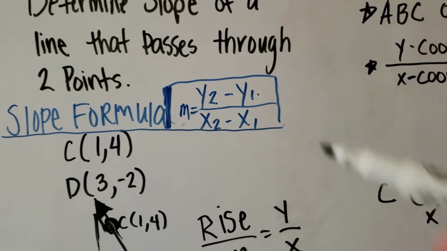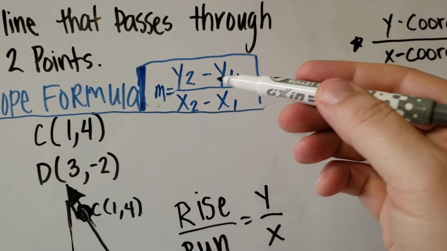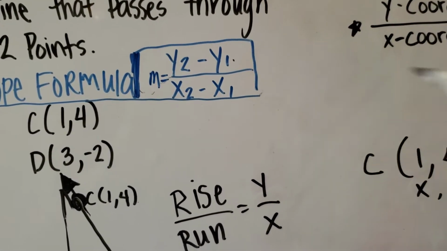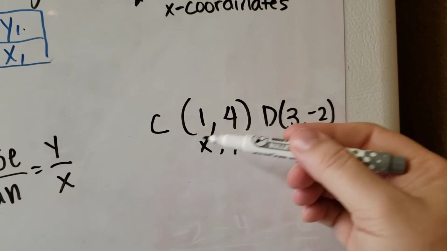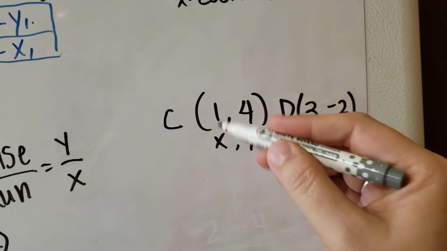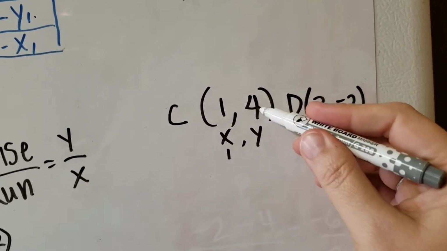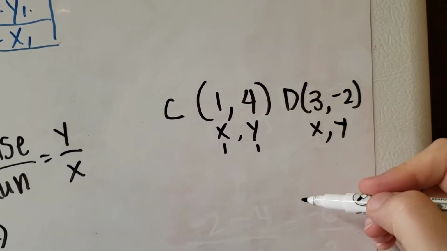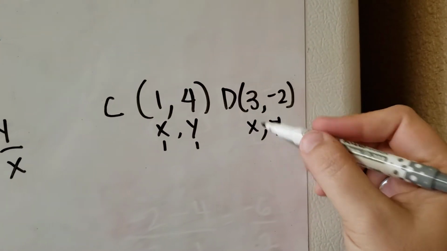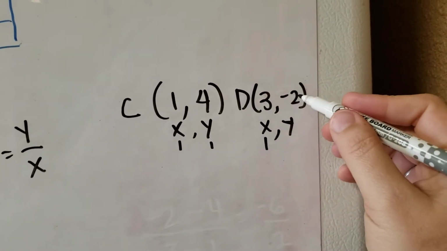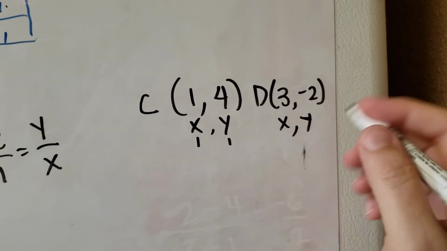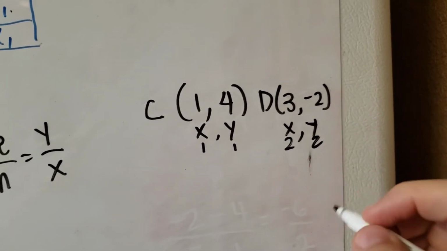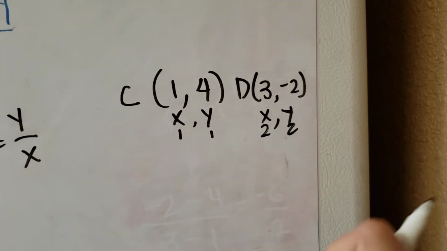Now looking a little bit further into this, you notice how it has the 2 and the 1 for your X and your Y. Because it's in alphabetical order, we know that C always comes first. So our 1 would be our X1, 4 is going to be our Y1. And then for point D, 3 is going to be our X2, and then -2 is going to be our Y2. Oh wait, sorry, my bad. Those are our 2's. Excuse me, guys.